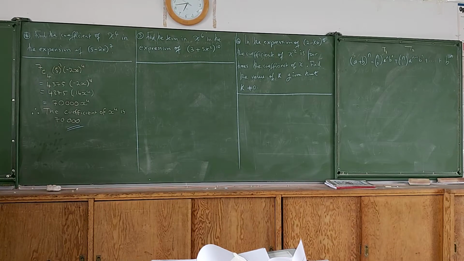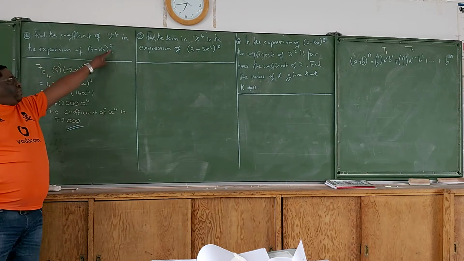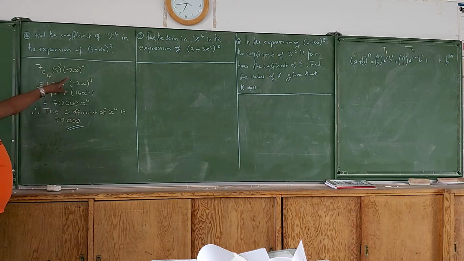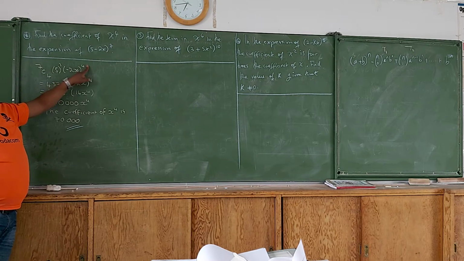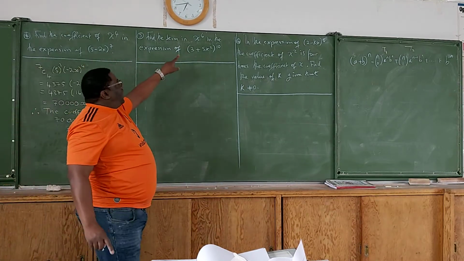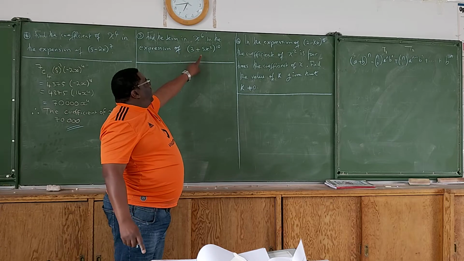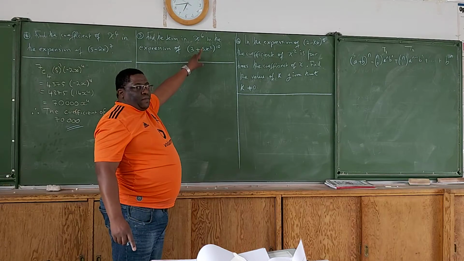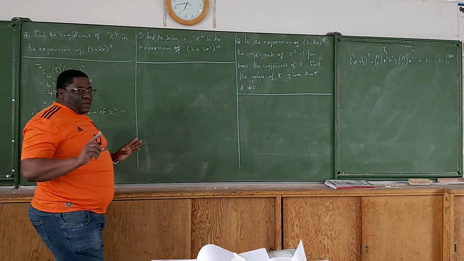Do you understand what I'm saying? 7 obviously coming from the binomial raised to, and C4 obviously there to correspond. But there's a little bit of a trick with the second one. You follow what I'm saying? At the second one, you can't go and say 10C6, because it's already a power of x squared. You understand? So you have to look at that one a little bit carefully.